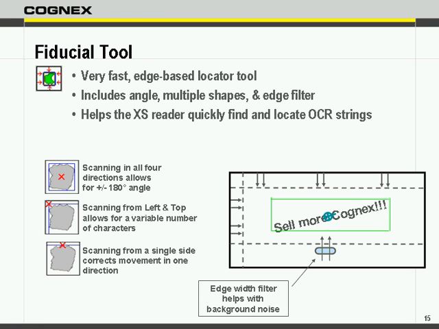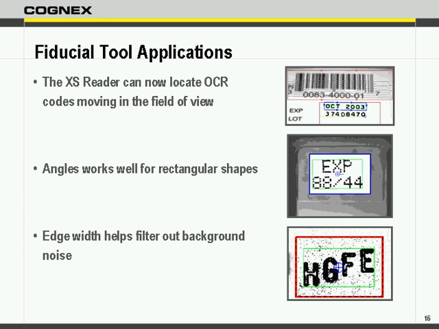So we have introduced this as a great way of doing positioning with OCR. If your OCR moves around in the field of view a little bit, you can throw a fiducial tool down and very quickly find where that OCR is. And then you can position the OCR tool on top of that. So we'll look at a cool example of that in a little bit.